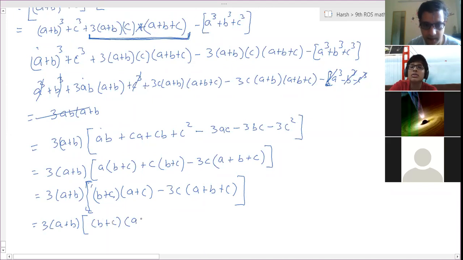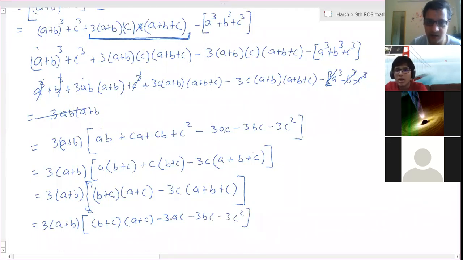You have to multiply these two, right? Then minus 3ac, minus 3bc, minus 3c square. Again, the same thing you have written.